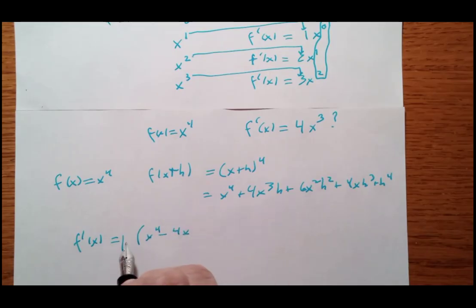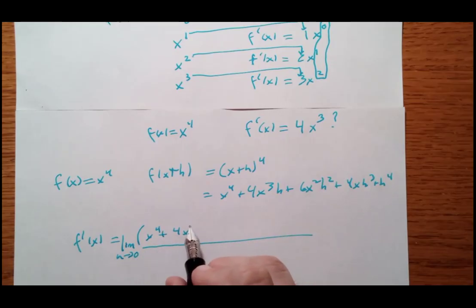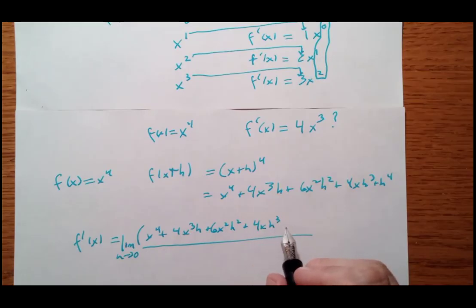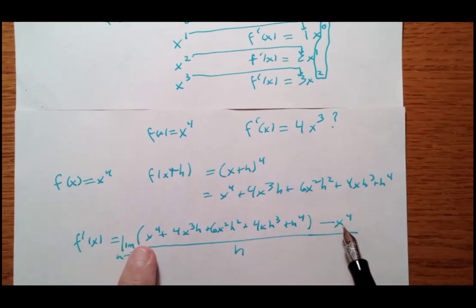Oop, don't forget to write the limit. Derivatives are limits. I can't forget that. 4x cubed h plus 6x squared h squared plus 4x h cubed plus 1h to the fourth minus x to the fourth all over h. Those cancel again.